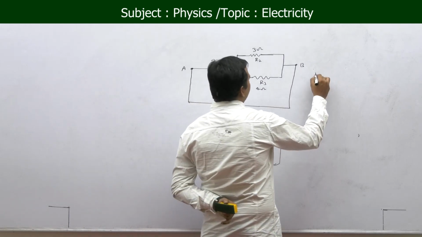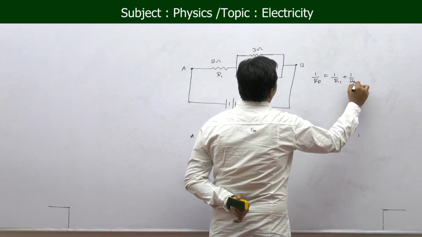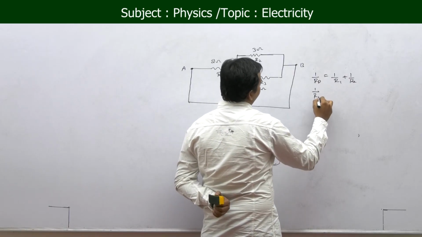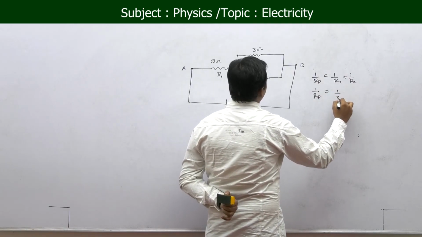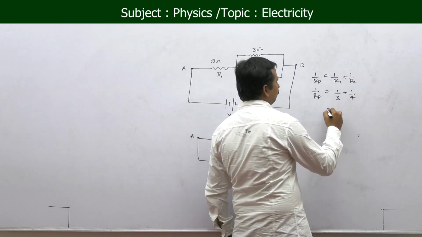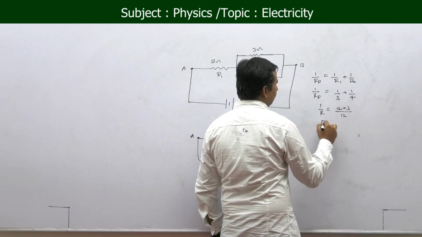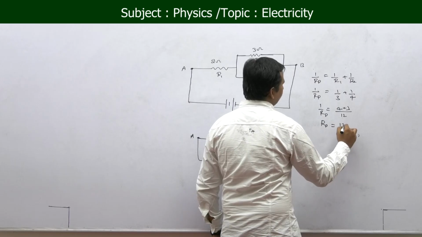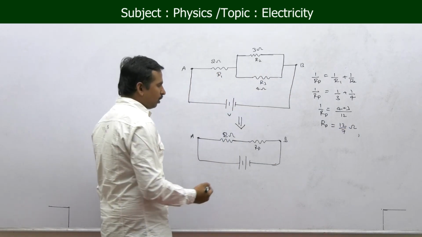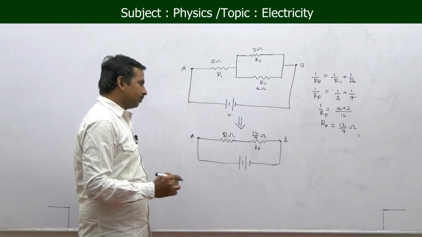Then 1 by Rp is equal to 1 by R1 plus 1 by R2, so 1 by Rp is 1 by 3 plus 1 by 4. Taking the LCM, 12, we get 4 plus 3 over 12, so Rp becomes 12 by 7 ohms.